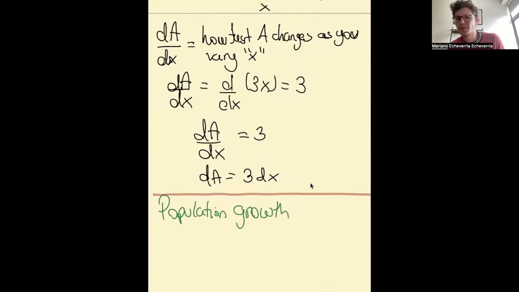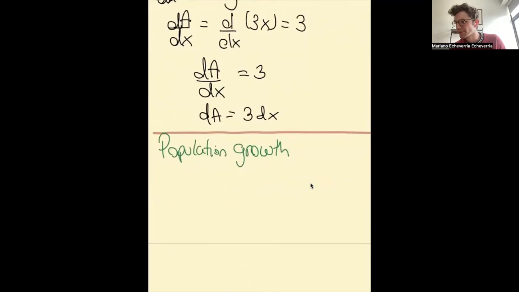It's better for these problems to think about something like bacteria or viruses, something that reproduces very quickly. So imagine you have a petri dish with bacteria or something that is changing over time.